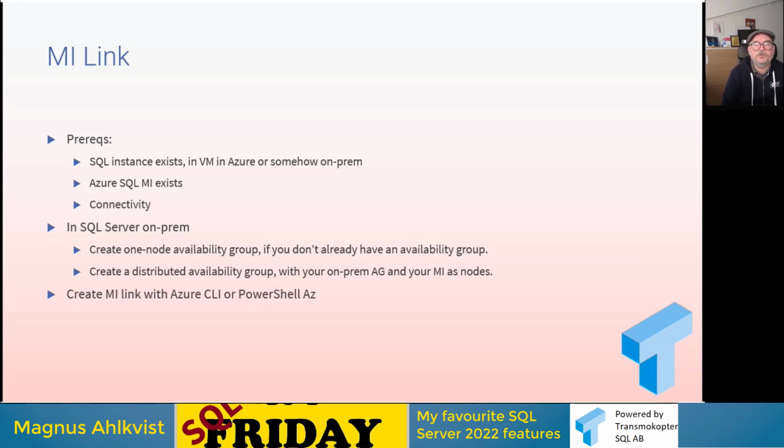And then you create a distributed availability group on top of the availability group, where one member of the distributed availability group is going to be your local availability group, and the other member is going to be your managed instance. And you do that on the SQL Server side, and then you have to use Azure CLI or Azure PowerShell or whatever your tool is to configure your Azure environment, and create the managed instance link there, which is basically creating the availability group, but it's called an MI-Link on the Azure side of things.